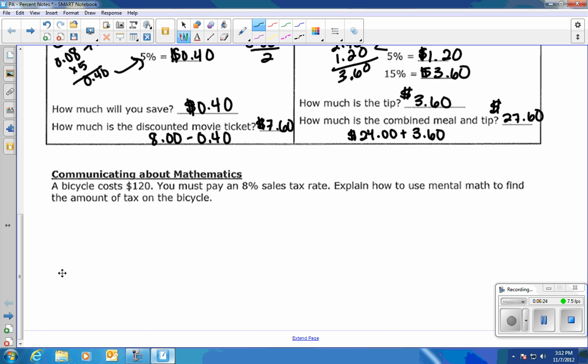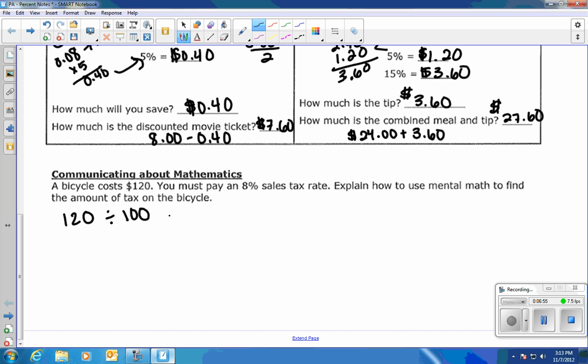So when I look at this last question, it says a bicycle costs $120. You must pay 8% sales tax rate. Explain how to use mental math to find the amount of tax on a bicycle. There are various answers that you could provide for this, but one way that makes sense to me is to find out what 1% is. If the total cost is 120, that represents 100%.